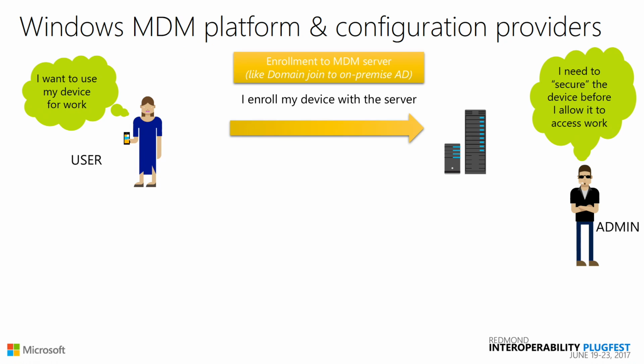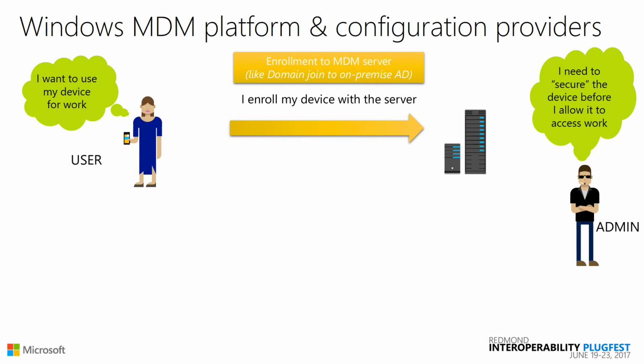Well, the way this works is I take my device and I enroll it against my organization's MDM server. This is similar to domain joining a device today, right? So all we're doing at this point is just registering the user's device with the organization's MDM.